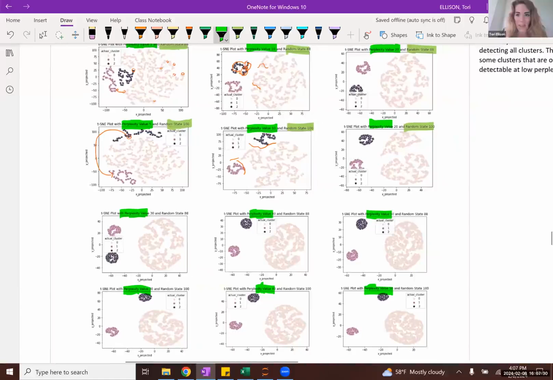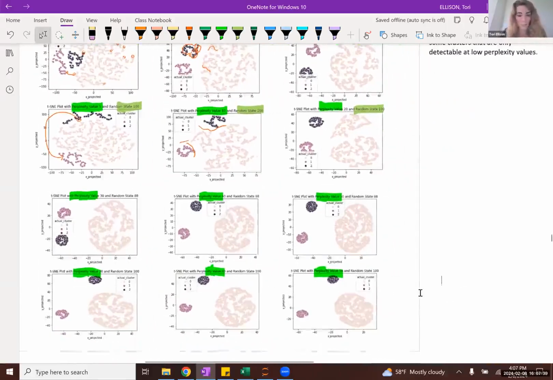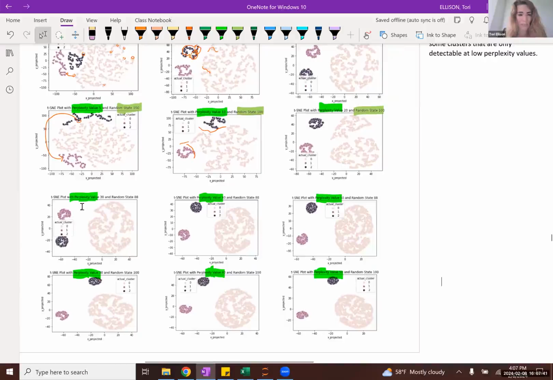And so we can see, especially as we go up to these higher perplexity values, we are seeing a lot of agreement in a wide variety of different attributes about the resulting clustering structure that we see in the plots.